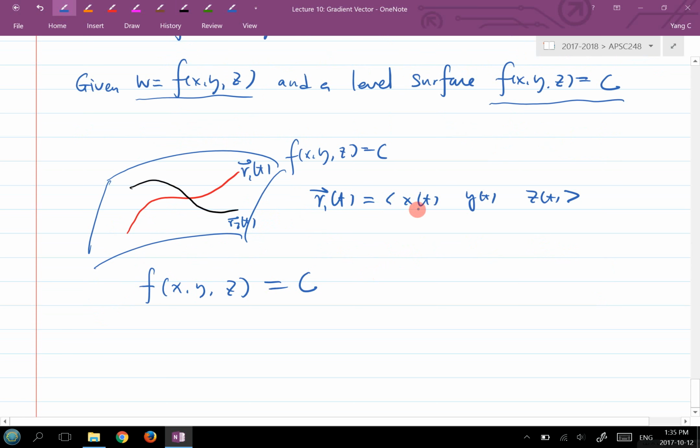All the curves are on the surface, which means x(t), y(t), z(t) will satisfy the equation describing this surface. So f(x(t), y(t), z(t)) = c. That makes sense? Then I will do the same thing: take the derivative of both sides.